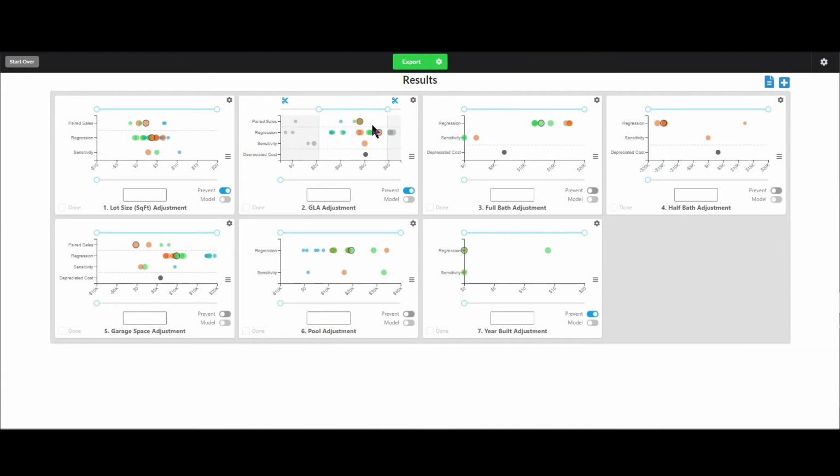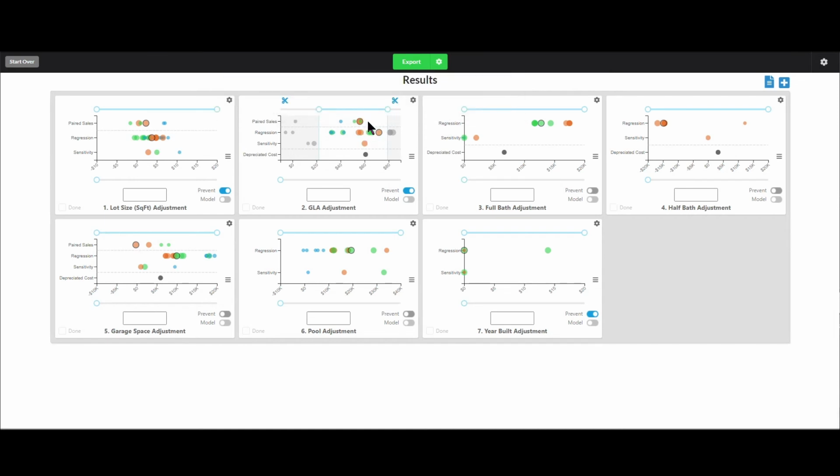Those hash lines let you know where the error scores vary. Everything that's regression or sensitivity is based on the same scale for the error score, so you can have a best error score between regression and sensitivity. There can only be one in here, unless there's a tie, of course.